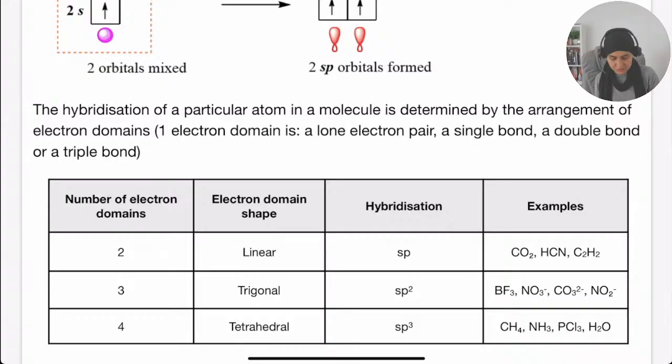An electron domain is either a lone pair or a single bond or a double bond or a triple bond. All of that is counted as one electron domain. If we have two electron domains around the atom, then it's sp hybridization. Three electron domains, sp2. Four electron domains, sp3. Very straightforward.